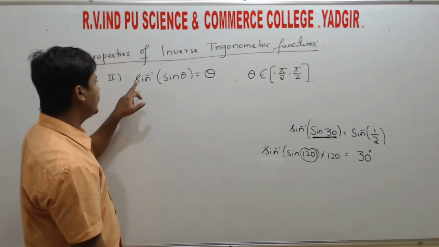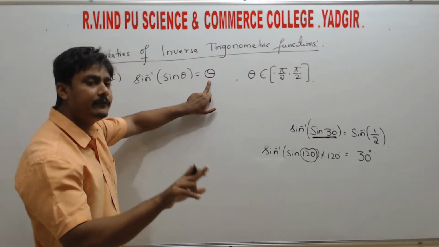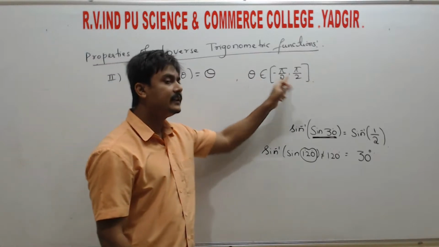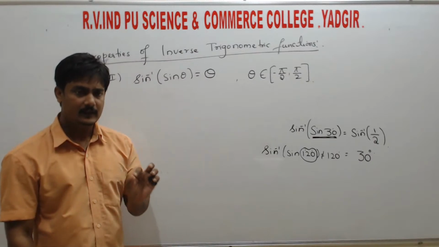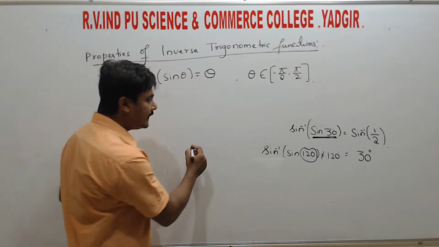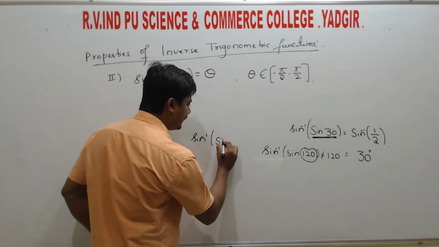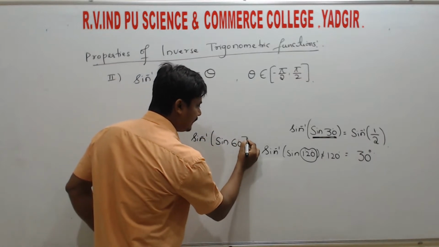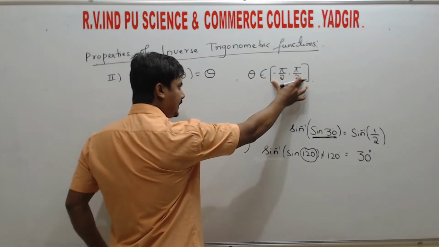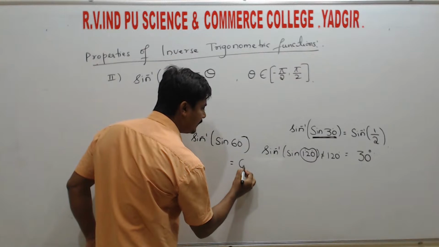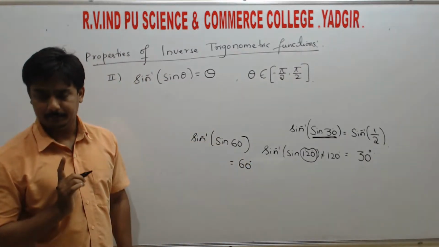So sine inverse of sine theta is theta if and only if theta lies within the principal value branch of inverse sine function. If it is sine inverse of sine 60 degree, since theta is present within this closed interval minus pi by 2 to plus pi by 2, what will be our answer directly? Our answer will be 60 degree.